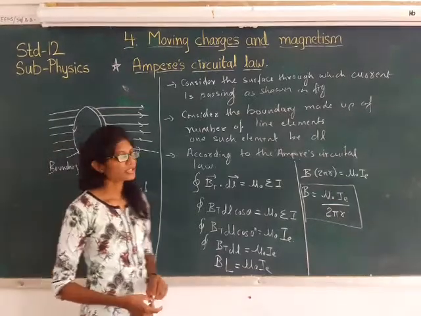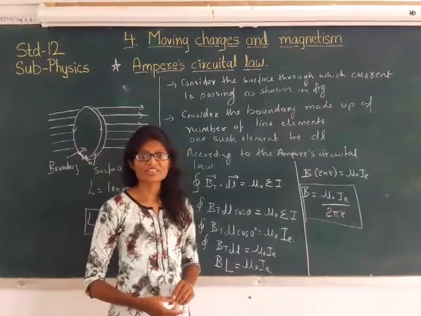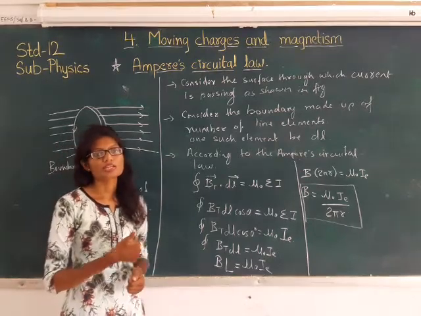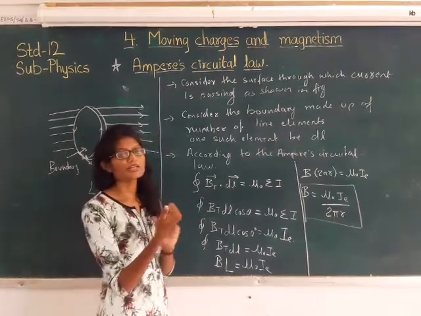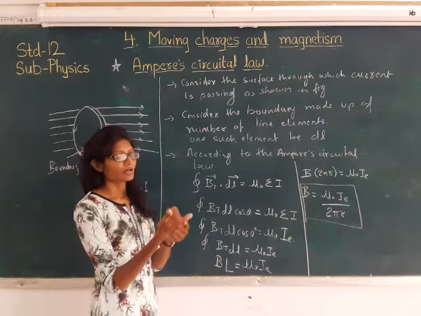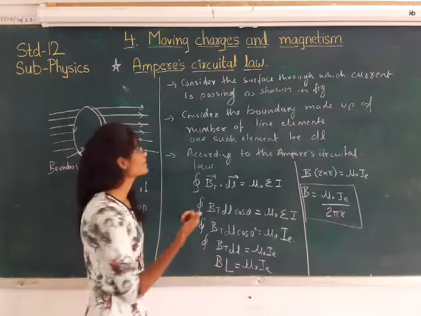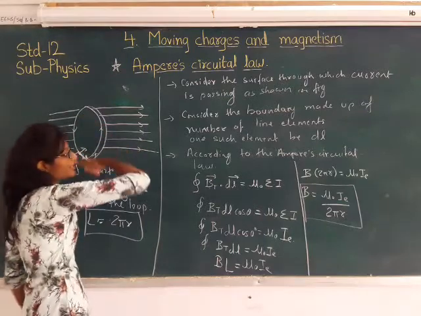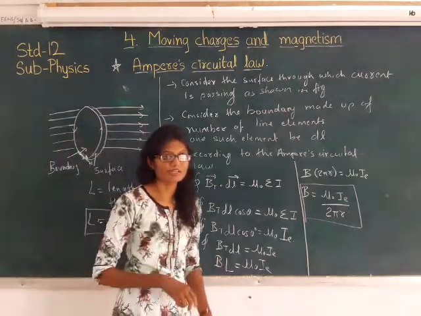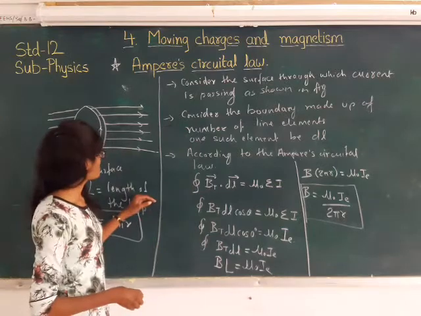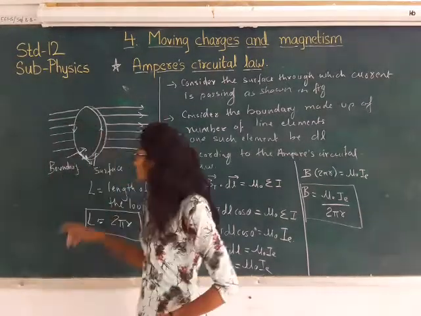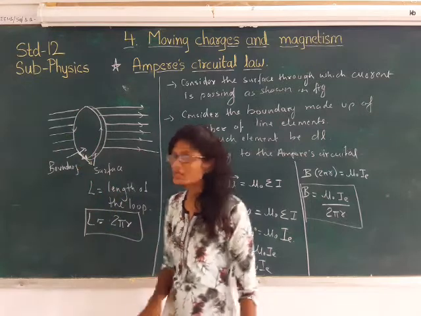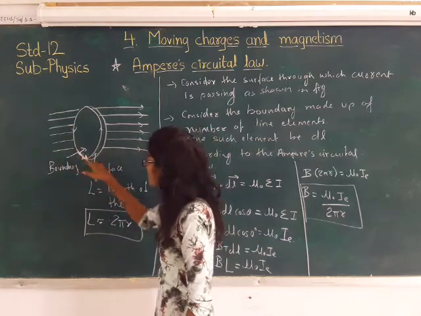Here the Ampere circuital law involves the sign convention by the right hand thumb rule. The thumb shows the direction of the current and the curling of the fingers points towards the traverse of this boundary, that is the direction of the magnetic field. The second point is that the magnetic field at every point on this loop is tangential to the element, tangential to this circle.